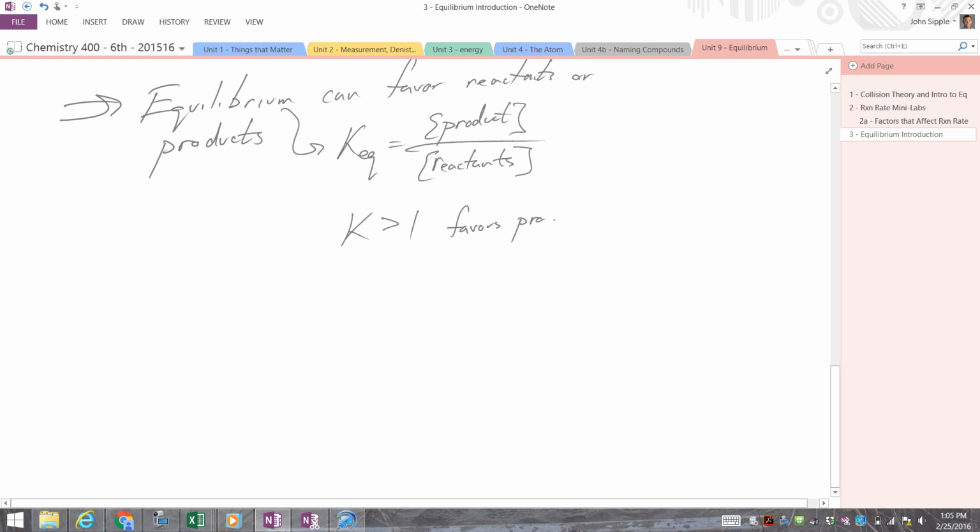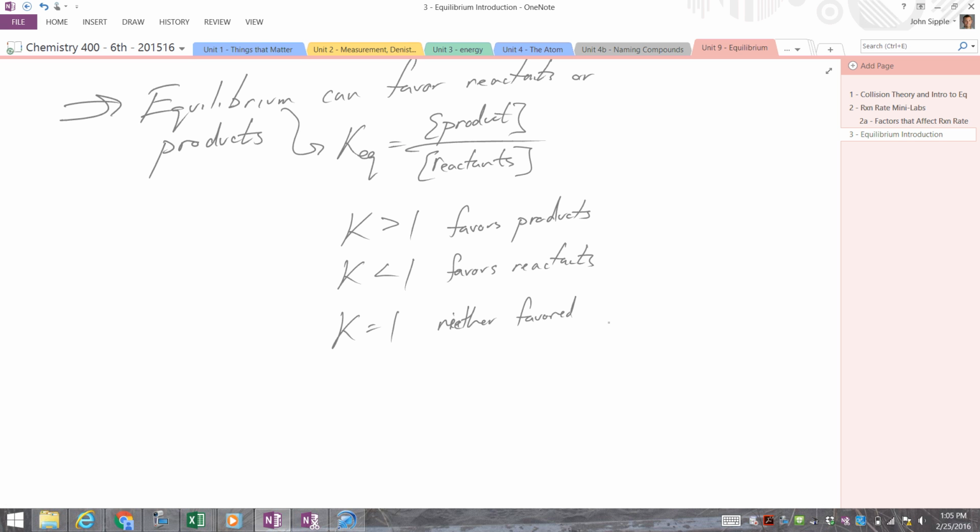There's products. K is less than 1, the reaction at equilibrium will have more reactants. If K is equal to 1, neither is favored. Neither one is favored.